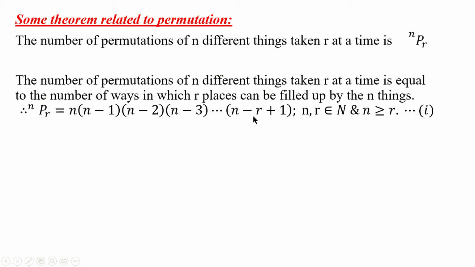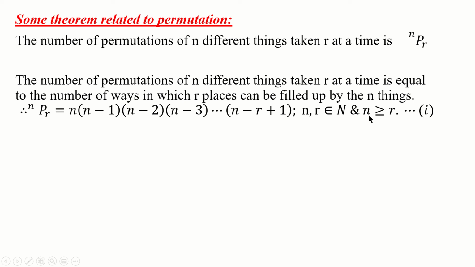That means the first place can be filled up in n ways, the second place in n minus 1 ways, the third place in n minus 2 ways. That means the first two places can be filled up in n into n minus 1 ways, the first three places in n into n minus 1, n minus 2 ways. So the first r places can be filled up in n into n minus 1, n minus 2, ..., n minus r plus 1 ways, where n belongs to natural numbers and n is greater than or equal to r.